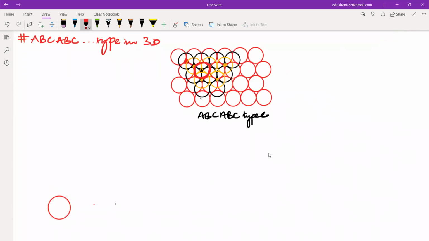Okay, in the second layer, for the B layer, that is the black one, I will take a set of atoms. So this is here. Let me mark which of the atoms I will take. I will take these atoms here.